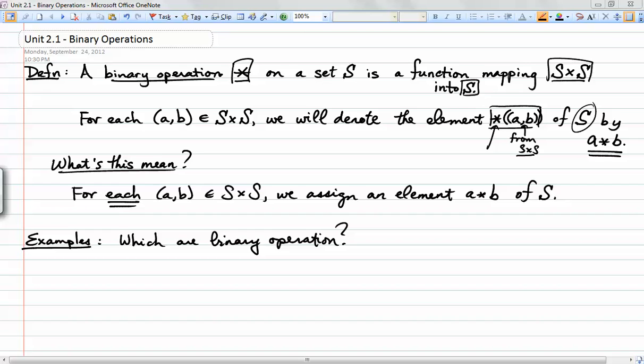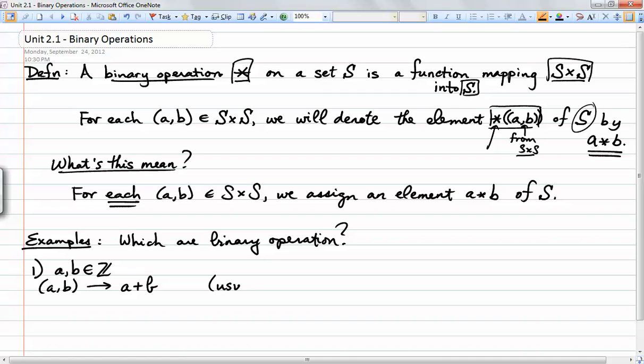Okay, so first example. Let's say we're looking at the set Z, and A and B are in Z, and we're mapping AB into A plus B. In this case, I'm talking about regular addition, which is phrased as usual addition on Z. So the question is, is usual addition on Z a binary operation?